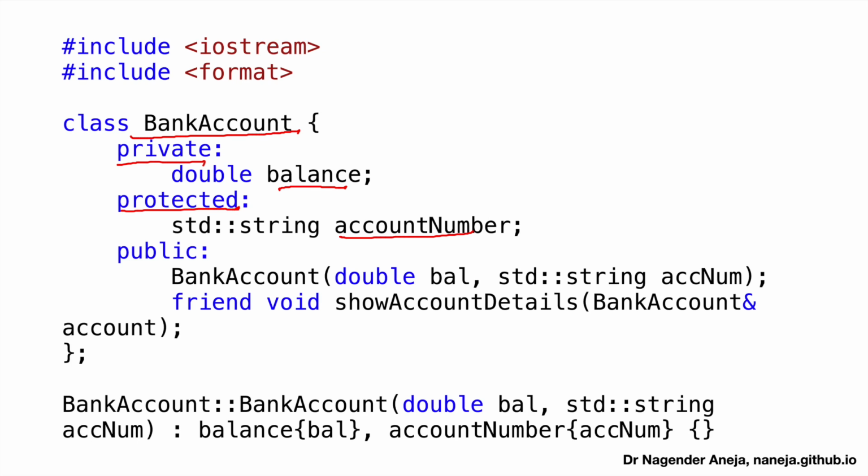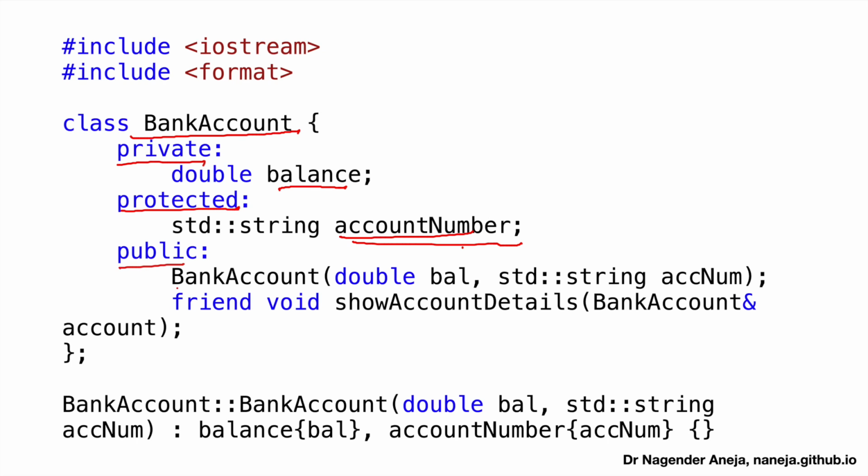Each child class of the bank account, which is maybe savings, checking account, or loan account, can access the account number of the bank account, but we can have other account numbers also. The idea here is that the way this class is written currently, the account number is available to all the child classes and the balance is not available.